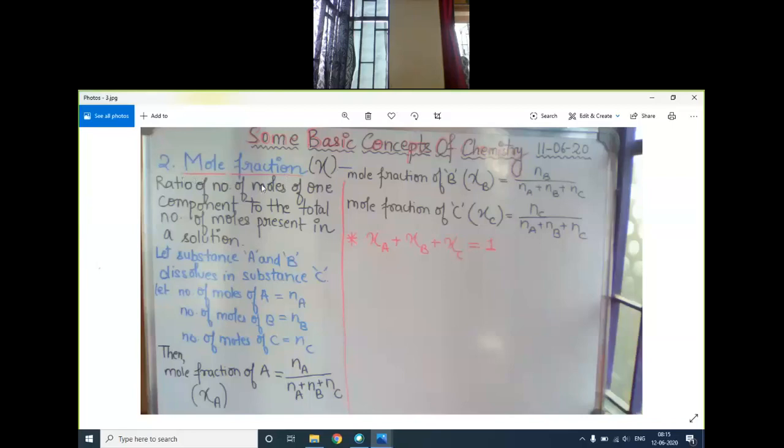Mole fraction is the ratio of the number of moles of one component to the total number of moles present in the solution.